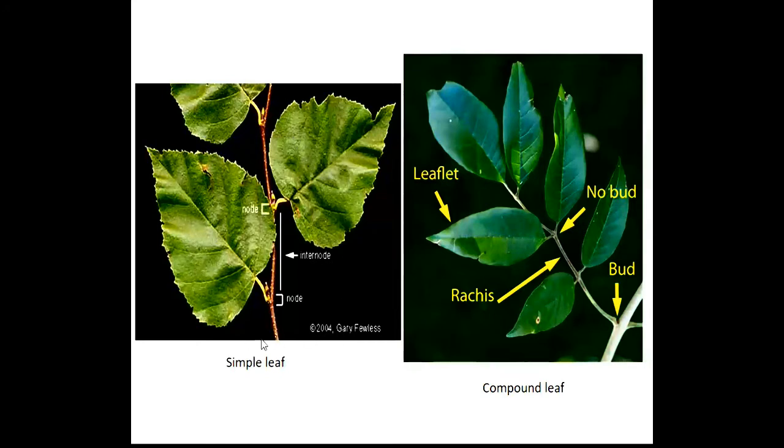This whole structure is a portion of a stem, a section of a stem. And this is just the compound leaf, and this is the stem portion. So node and internode will be present in the branch, and node and internode will not be present in the compound leaf. This is an important point.